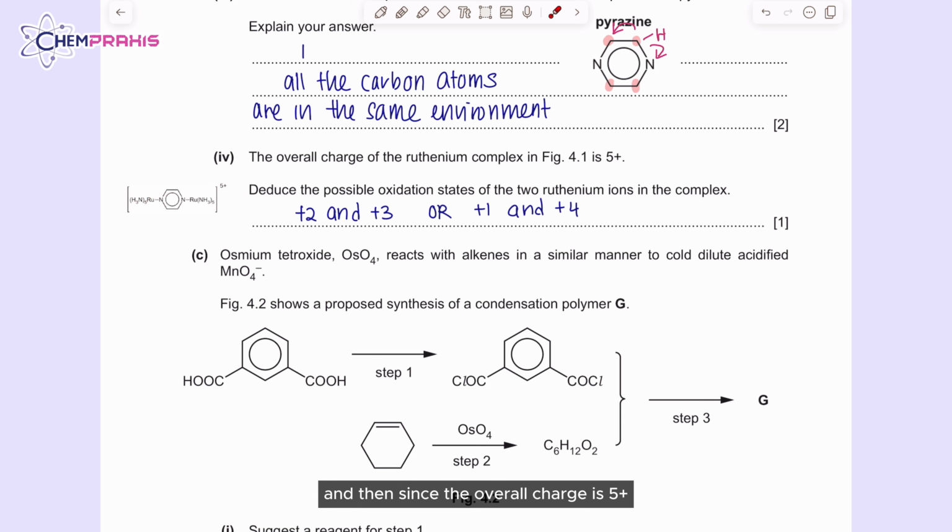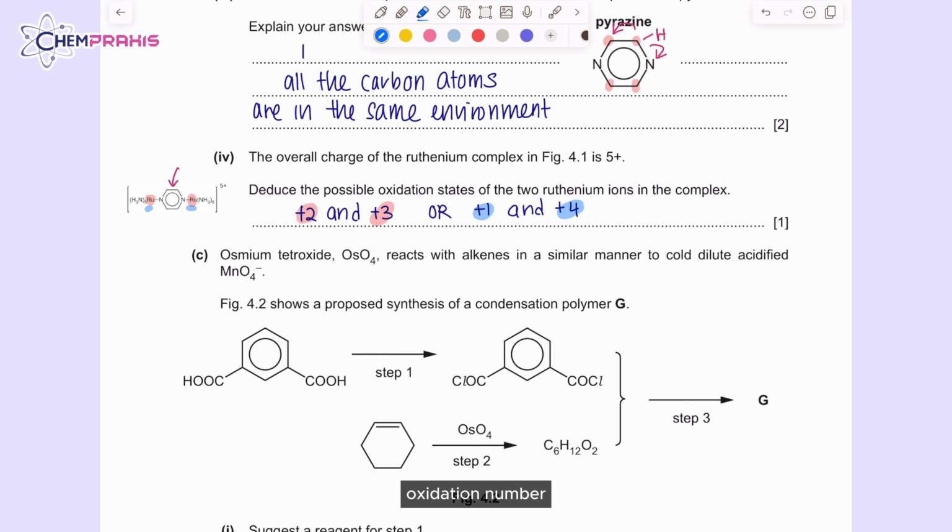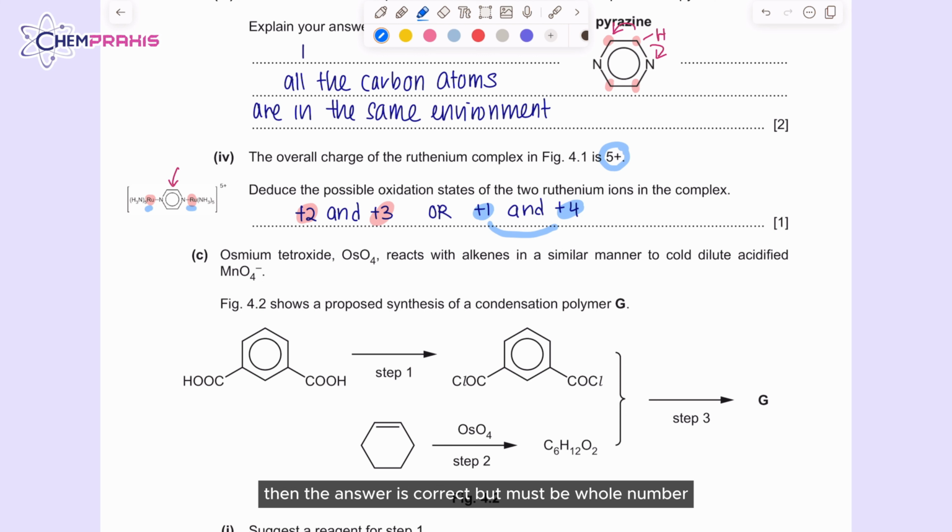Since the overall charge is 5+, and this ligand is neutral, it means that probably this Ru is +2 and this Ru is +3, but it also can be this Ru is +1 and this Ru is +4. As long as you give whole number oxidation numbers, and when you add them up it is 5+, then the answer is correct, but it must be a whole number.